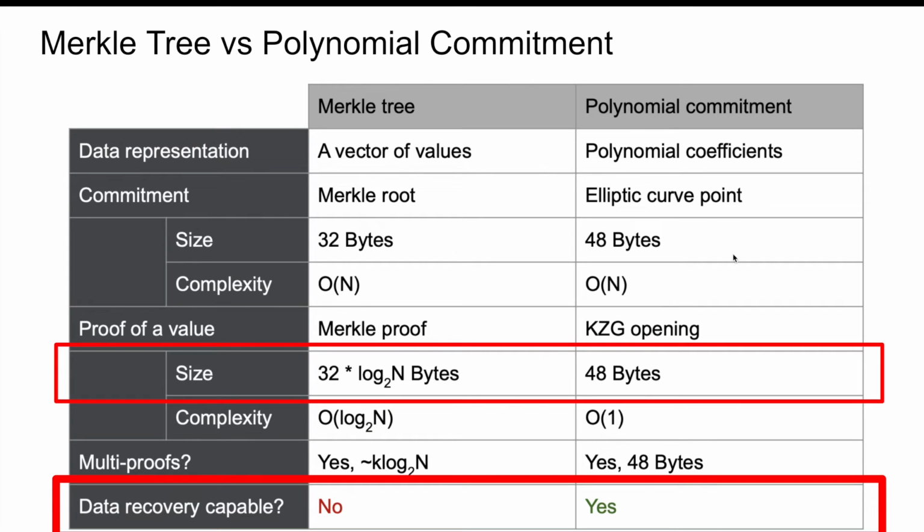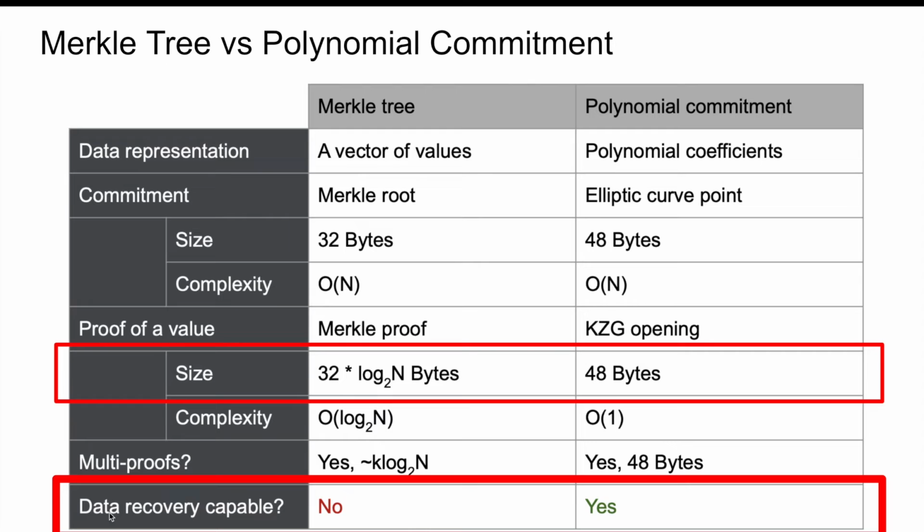Whereas the polynomial commitment is designed so that you can afford not to have every single piece of data, and still have the ability to reconstruct the so-called lost data. This is an important feature needed for something called data availability sampling, which will come in handy in the case of full danksharding.